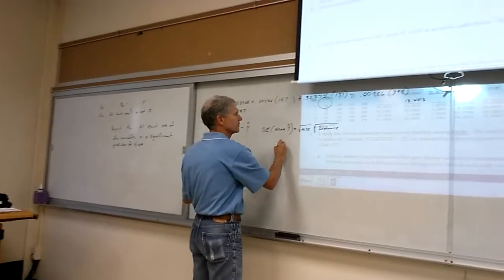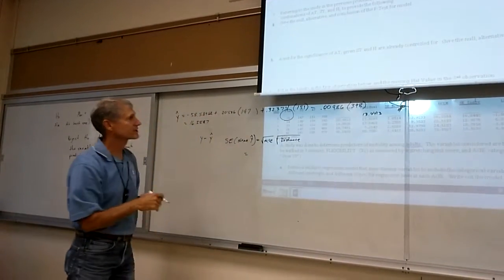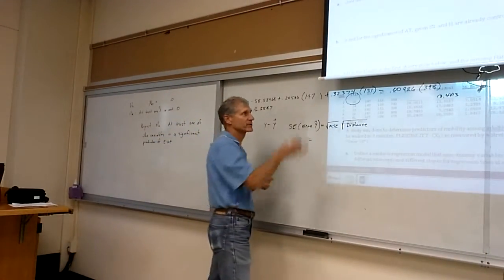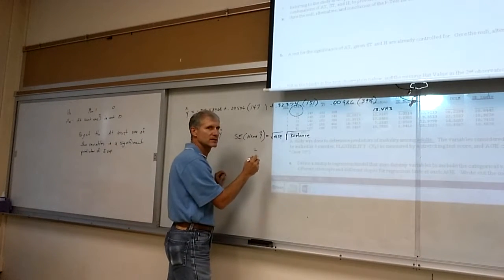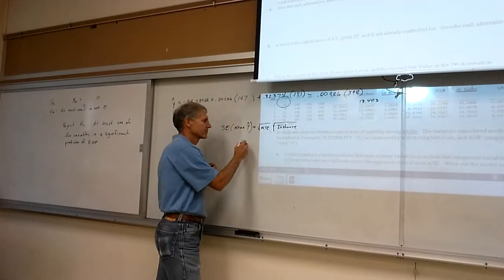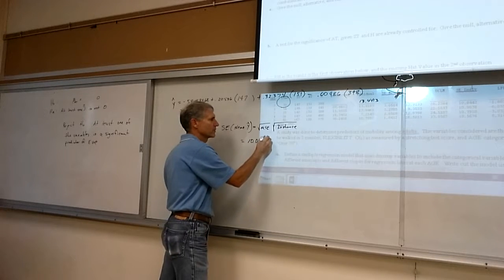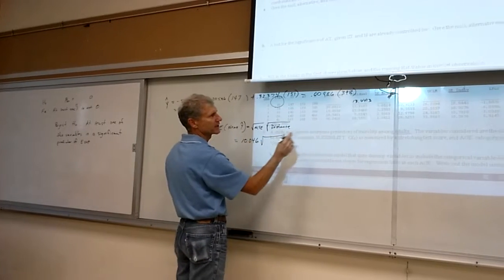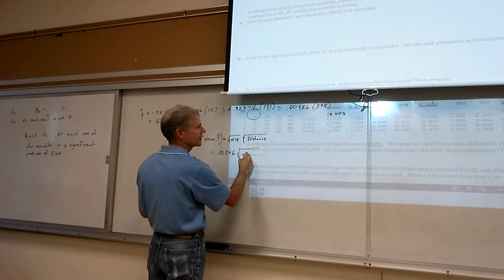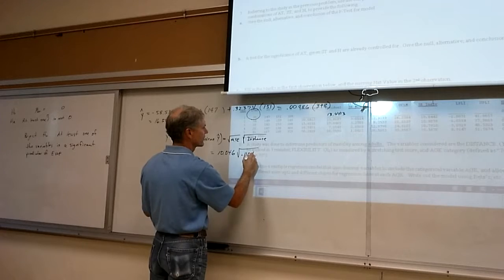And so that root mean squared error we had on the previous page, anybody have that? It's 10.406. Okay, and then the square root of the distance value, and the distance value is 0.11046.